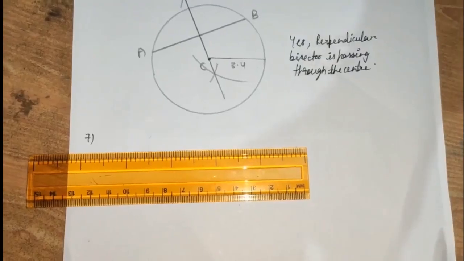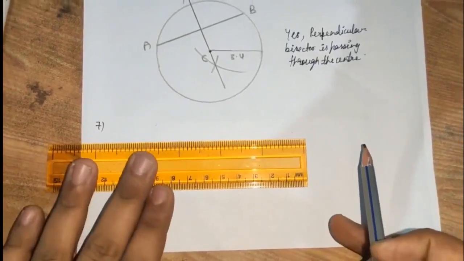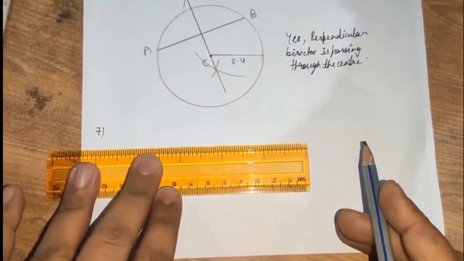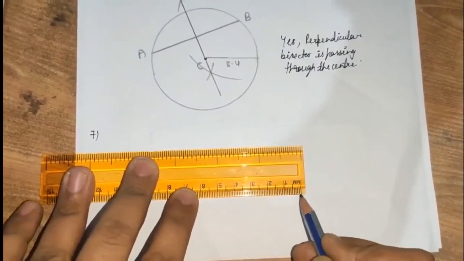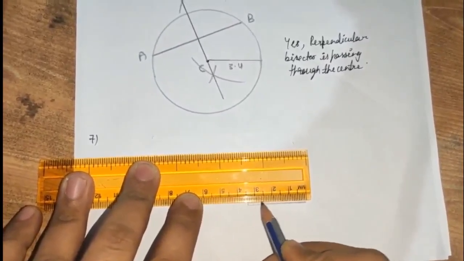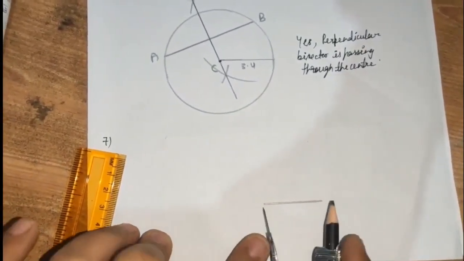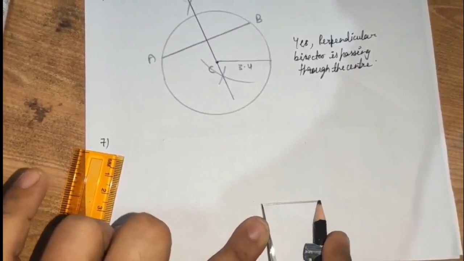This is question number 7. First of all we will draw a line of 3.4 centimeter as a radius, and then with this 3.4 centimeter we will draw a circle.